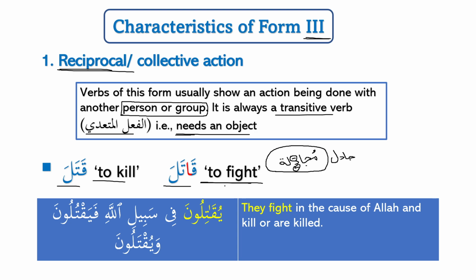Sometimes a person might be fighting with himself, with his inner self, but normally it involves 2 parties, one being active and the other being the receiver of the action. Now in the Quran we have yuqatiluna fi sabilillah, fayaqtuluna, fayuqtalun.